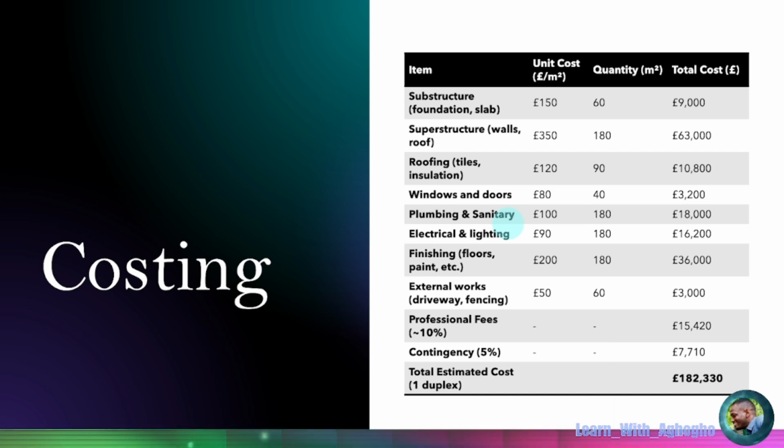We're looking at the window costs and doors, plumbing, sanitary, electrical and lighting, finishing, external works, and professional fees. We should not forget to also consider our contingency for our project. This contingency varies depending on who is planning the project and the agreement that he or she has got with the sponsor of that project.